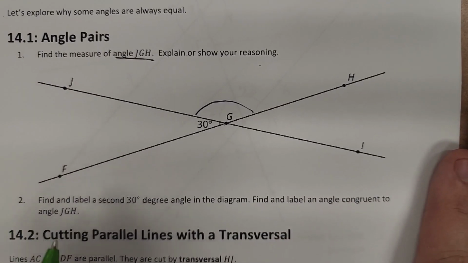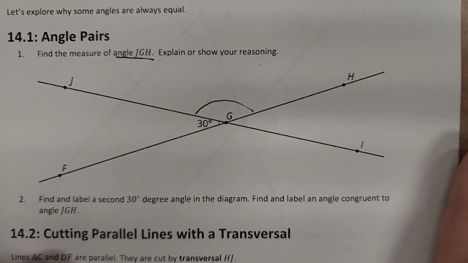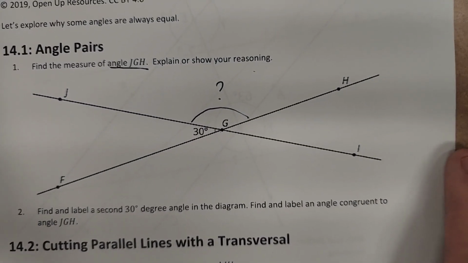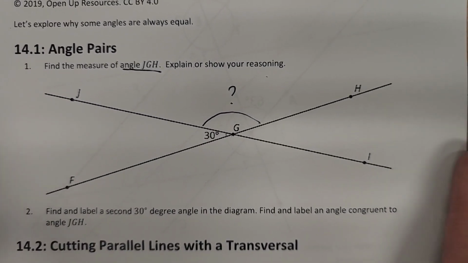And then find and label the second 30-degree angle in the diagram. Find and label the angle congruent to angle JGH. Okay? So pause the video and work on it with your partner. Do it individually first and then your partner.